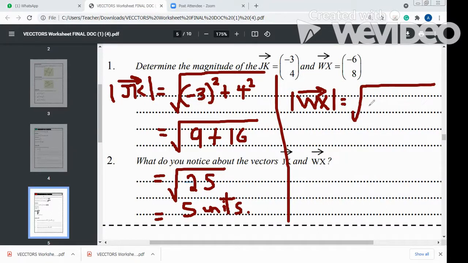It would be the square root of -6 squared plus 8 squared. So that would be 36 plus 64, which equals 100.